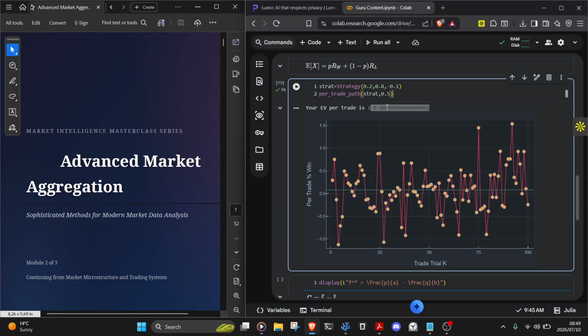There are periods where, like over here on your 75th trade, you put up $1 and you got $1 plus 44 cents back. That's a 144% return on a dollar. Over here, on your 92nd trade, you put up $1 and you got $1 plus 53 cents back. That's a 153% gain on a dollar.